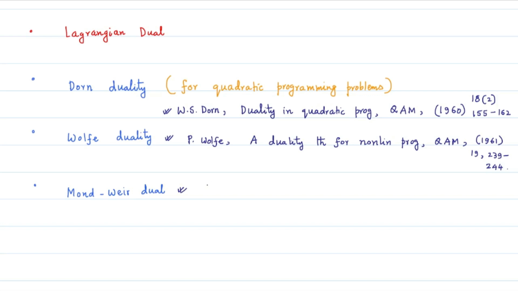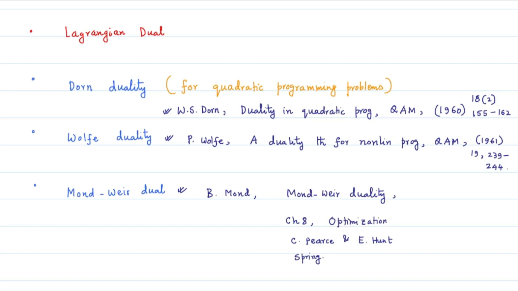For a first reference on this Mond-Weir type duality, please look at the article by B. Mond entitled Mond-Weir duality, which is essentially a chapter of an edited book, chapter 8 of the edited book by C. Pearce and E. Hunt entitled Optimization, which came out from Springer in the year 2009.